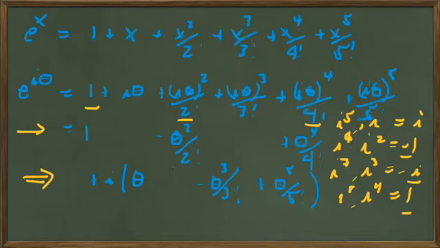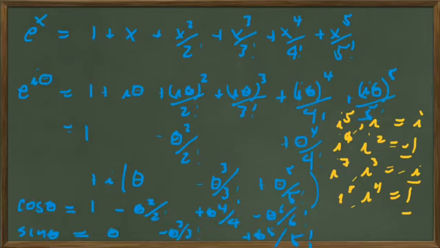And then the odd powered terms all have an i theta. i cubed is minus i, and i to the fifth is i, so we factor the i out, and we have theta minus theta cubed over 3 factorial plus theta to the fifth over 5 factorial.